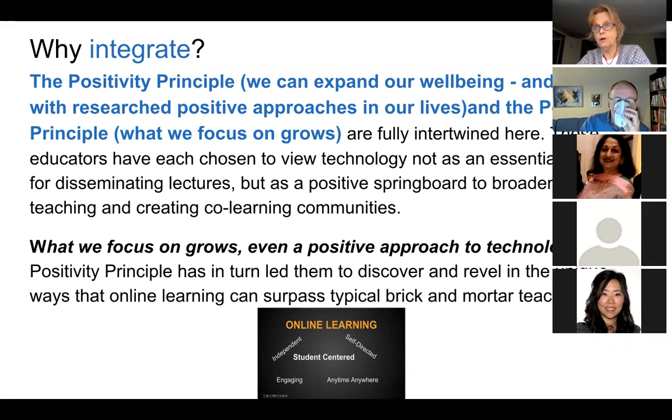So what we focus on grows, even a positive approach to technology. And that's not a false approach anymore. As someone who's studied positive psych, one of the things I think people who don't know anything about it tend to view it as, just think positive and things will be better.